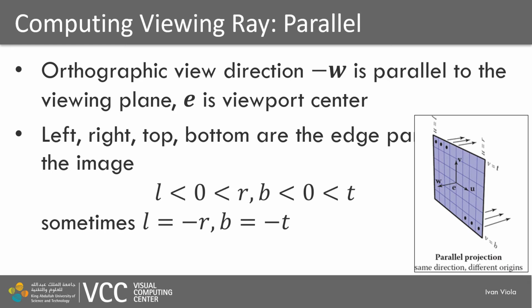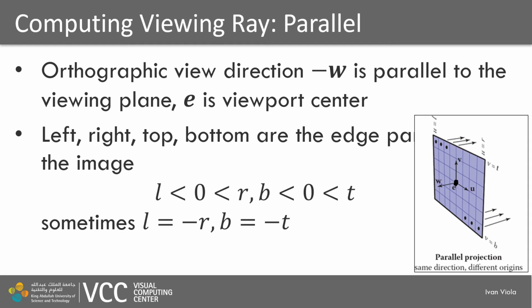For parallel projections, we often say that the eye point is infinitely far away from the viewing plane. That's why the rays are parallel to each other. But it would not be practical if we want to create parallel projections in an indoor scene. Then the eye point would be outside, and we would only see the house from outside. Therefore, we place the eye point in the center of our viewing plane.